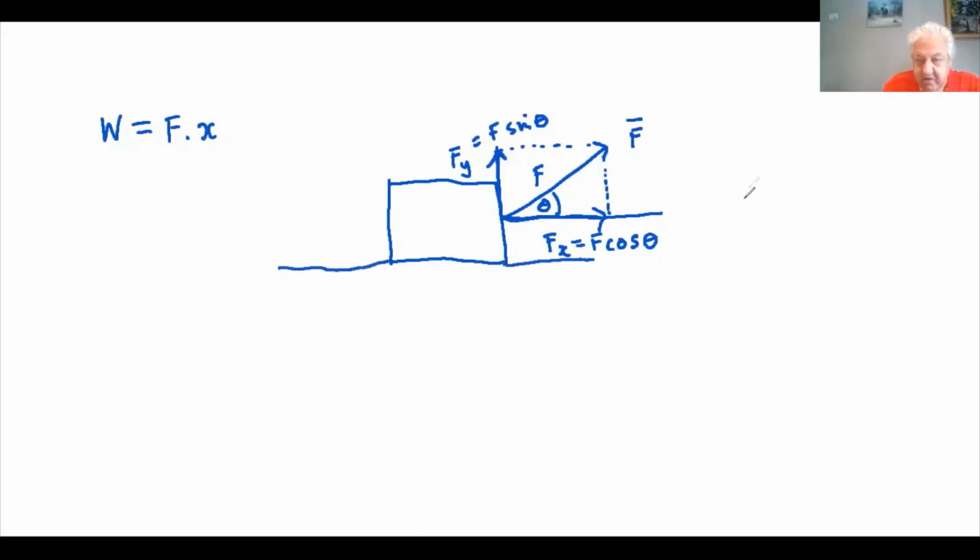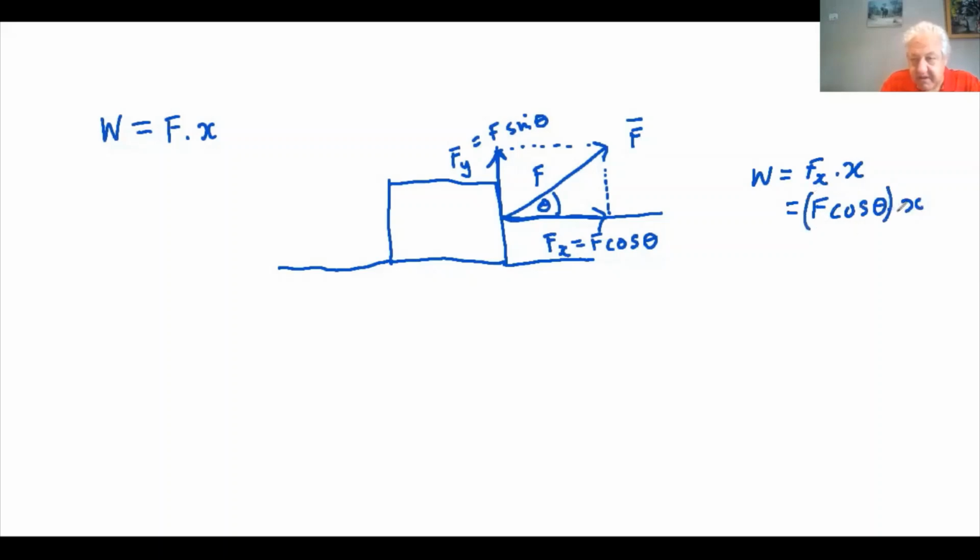So the work done is purely due to the horizontal force. Fx dot x equals F cos theta dot x.